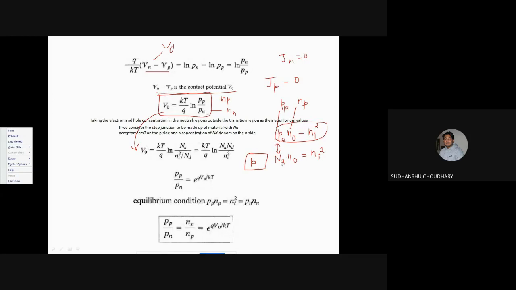So we have a relation over here which gives me the holes in p-type semiconductor, equal to ni square.